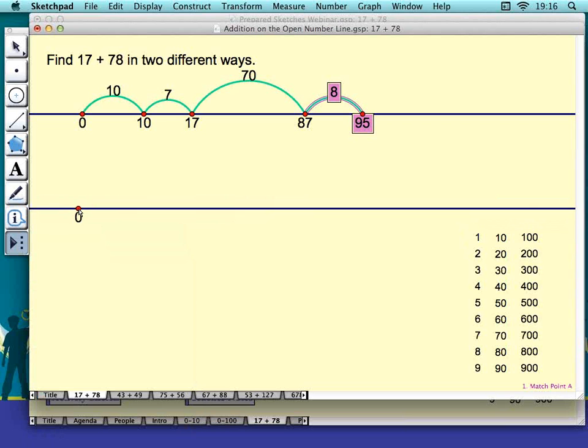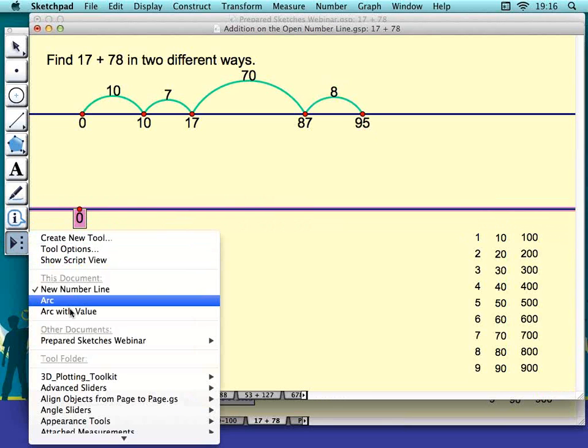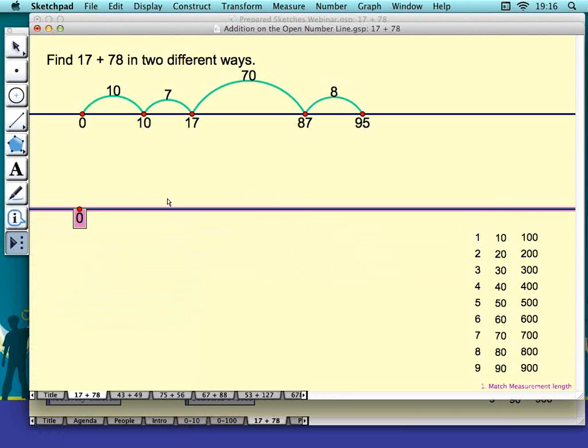New number line. And this time, 17 is just a little bit less than 20. So let me go to 20 first, and then come back by 3. So if I go 3 to the left of 20, I get -3, leaving me at 17.